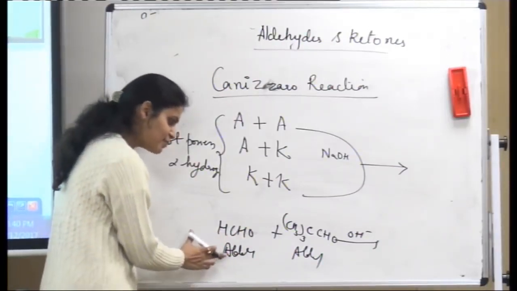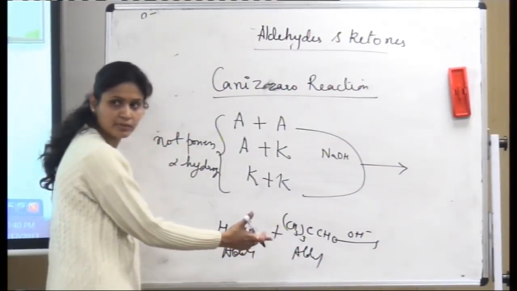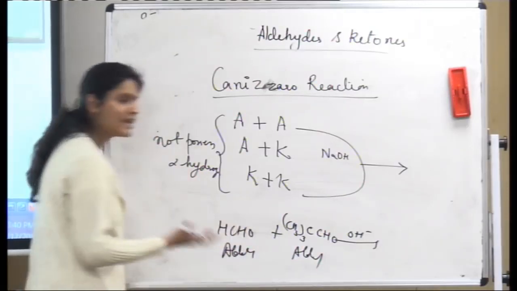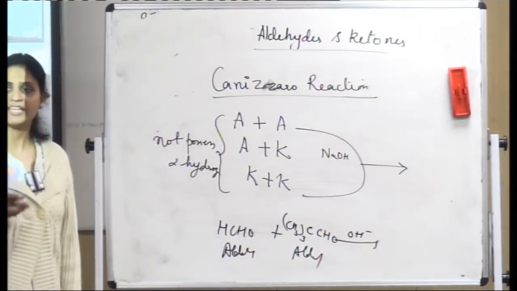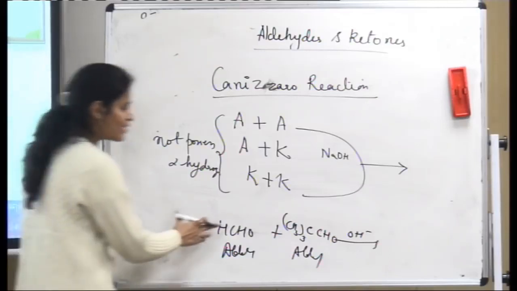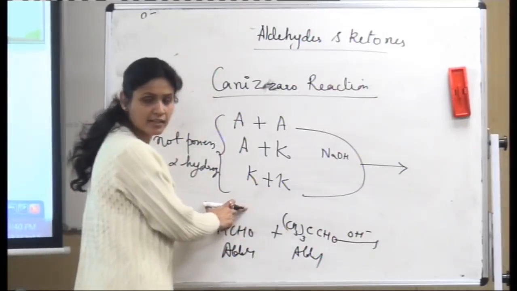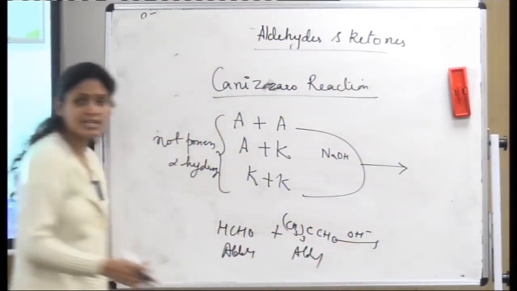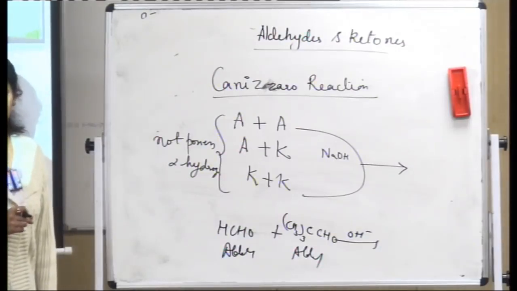When I am taking both the aldehydes not having alpha hydrogens, but they are different aldehydes, the reaction which will occur is known as the cross-Cannizzaro reaction.